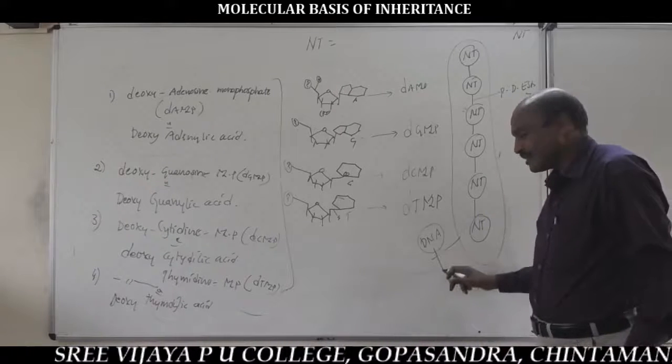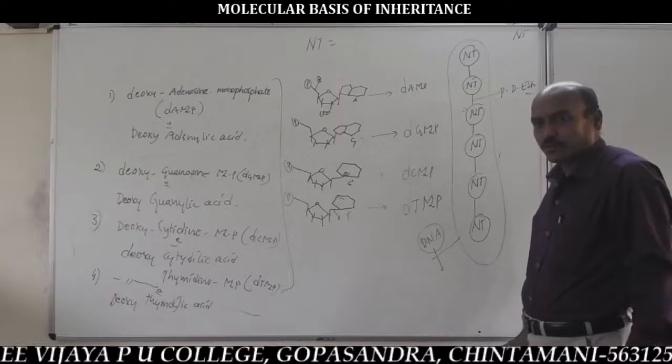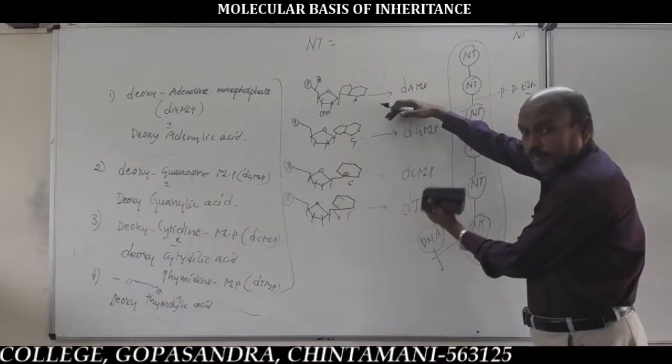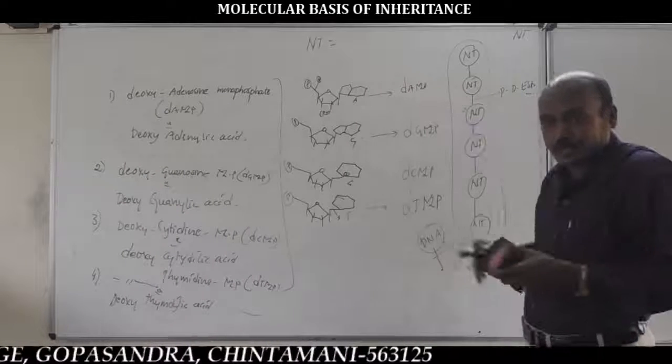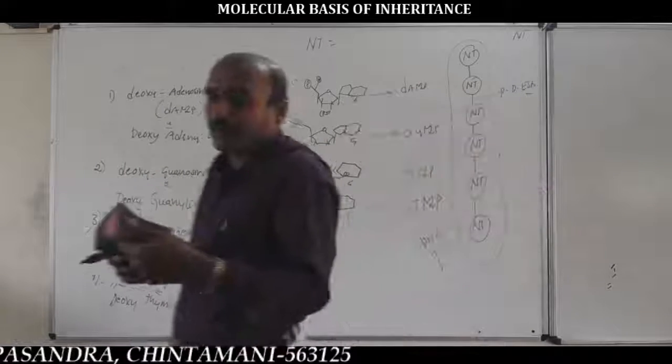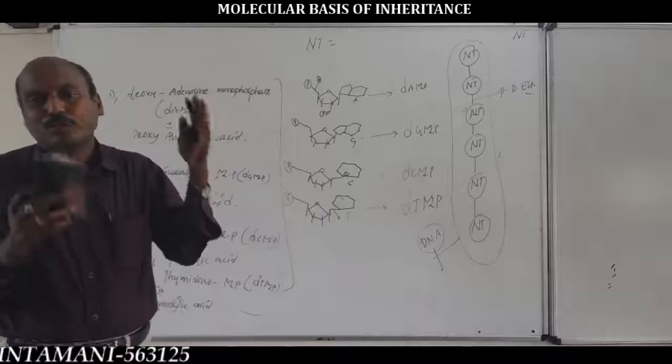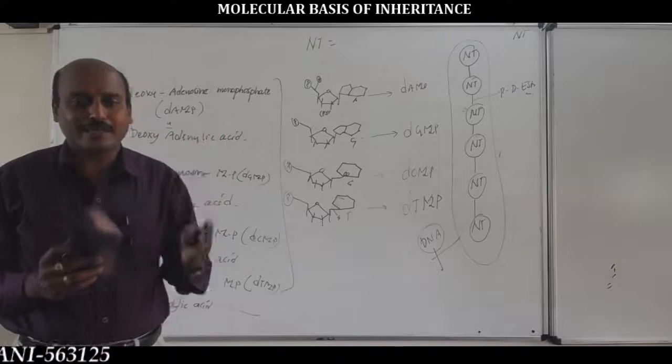So the polymerization of the four different types of DNA nucleotides through phosphodiester bonds produces the double-stranded DNA.